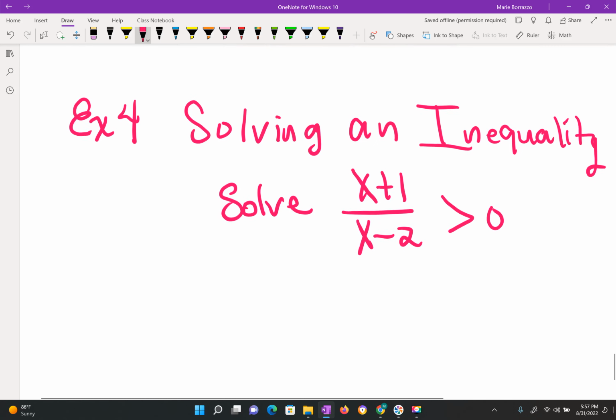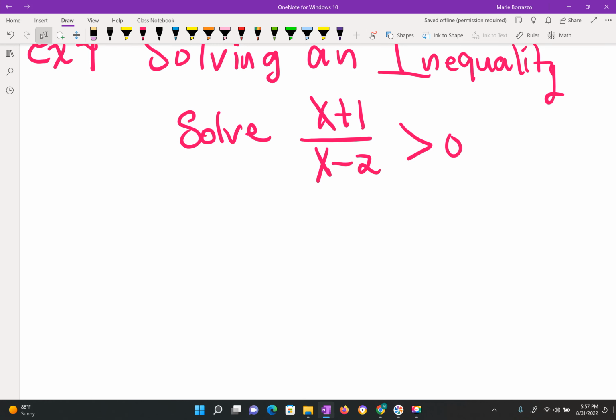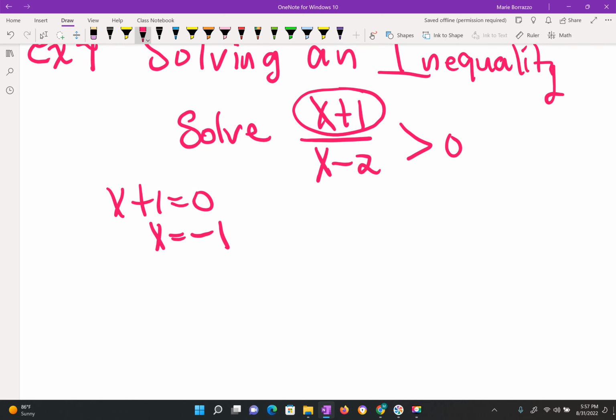What you're going to do is, if you notice, the numerator, if I say x plus 1 equal to 0, I get x equals negative 1. So that's one of my cutoffs. I call them cutoffs just for my own. X minus 2, if I do x minus 2 equal to 0, I get x equals 2.